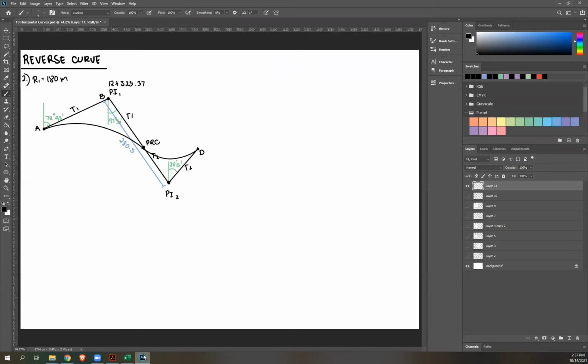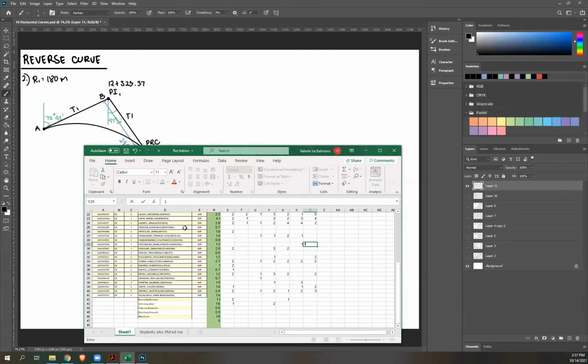Let's start with trying to get T1. Can anybody give me the equation for T1 again, or tangent? Very good, John, and Geraldine.